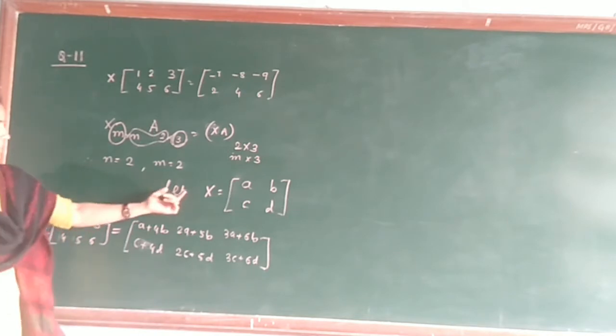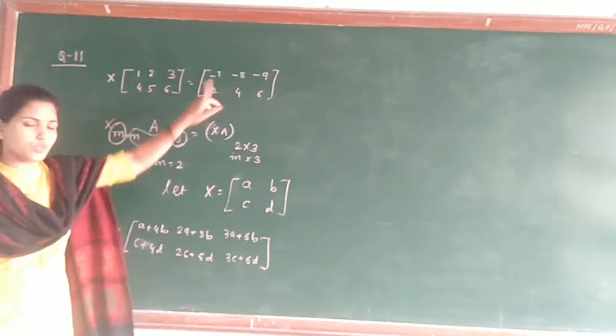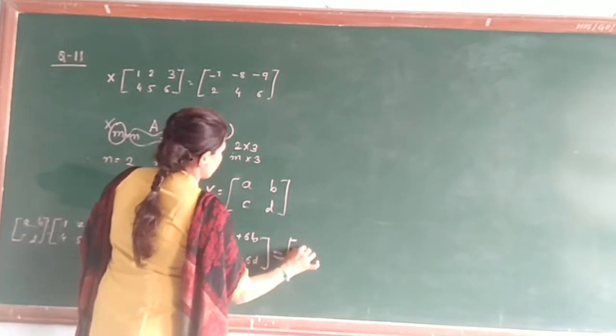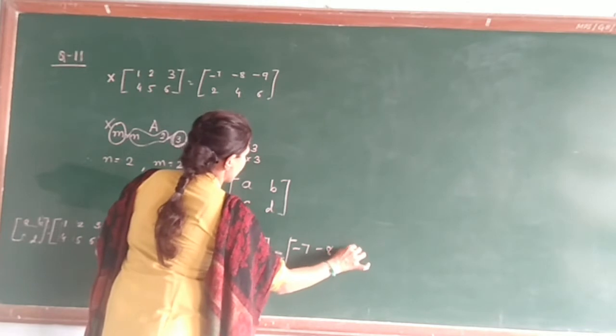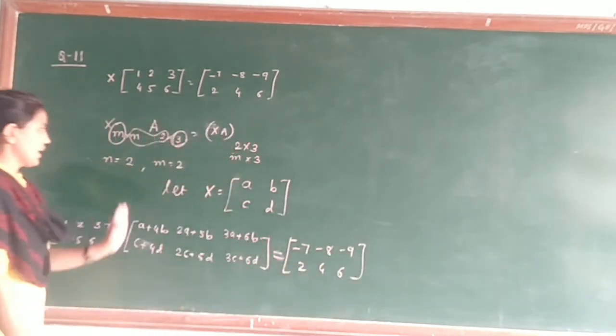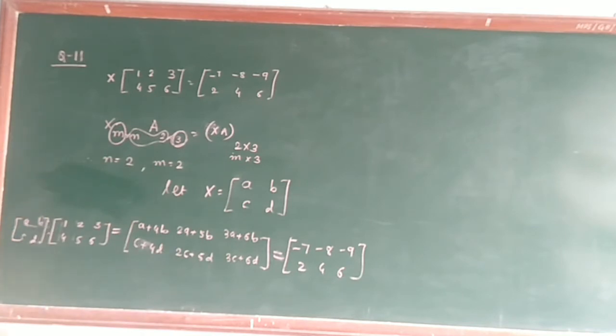But what they have given is that XA is equal to [-7, -8, -9; 2, 4, 6].